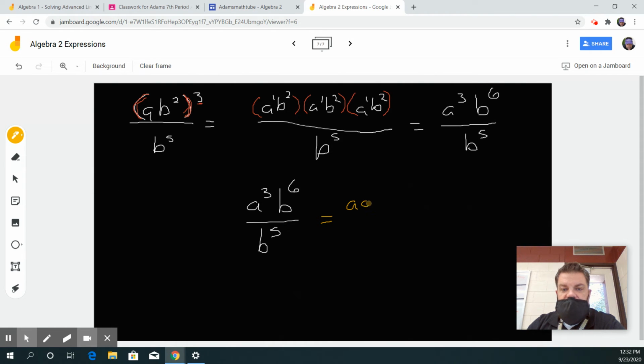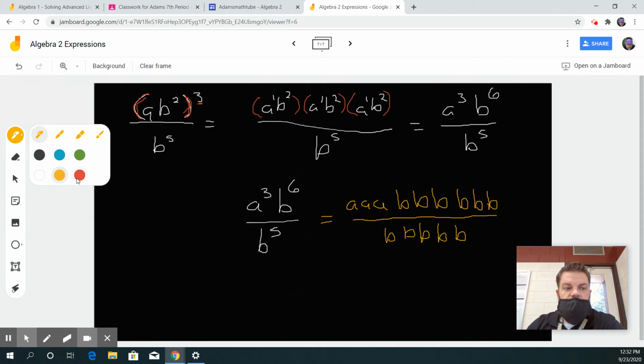That's like a times a times a, and then I've got 1, 2, 3, 4, 5, 6 b's on top, all over 5 b's on the bottom. Now there's a shortcut to this, but I'm taking the long route because I want you to understand where the shortcut comes from.